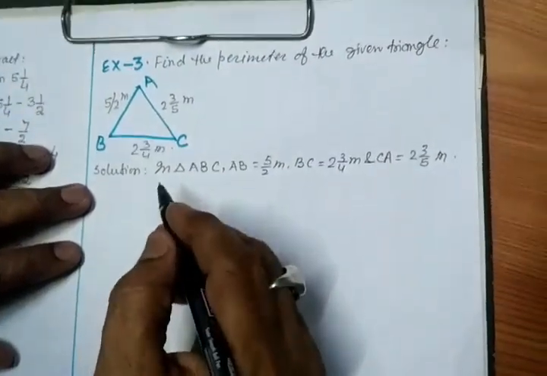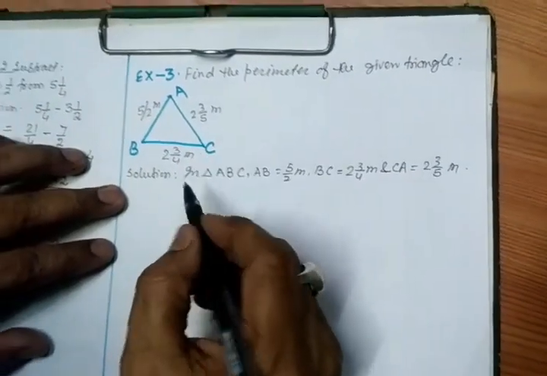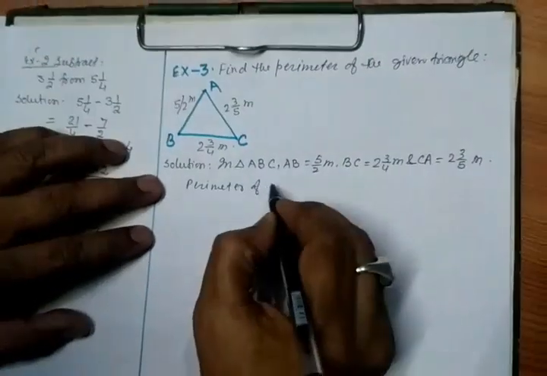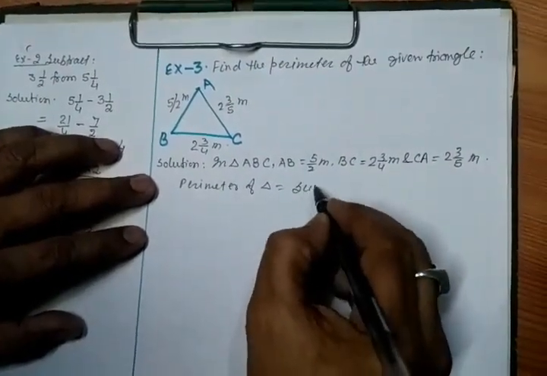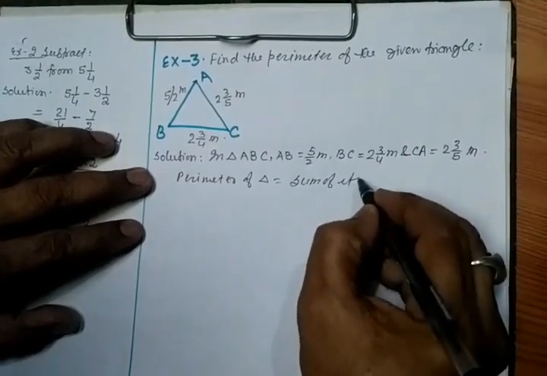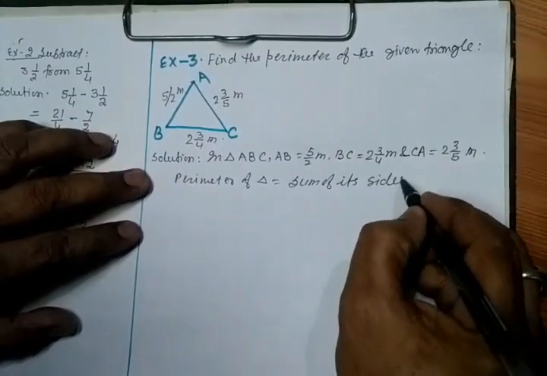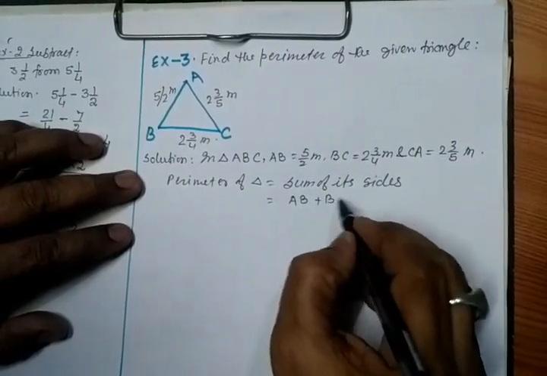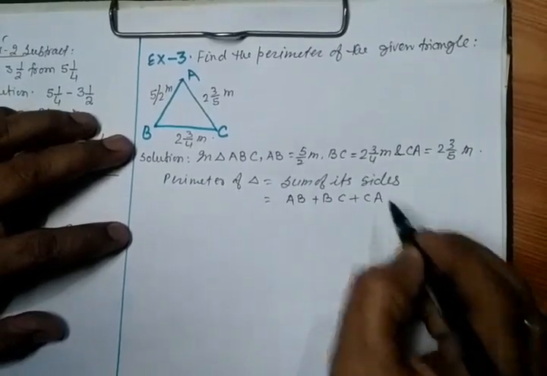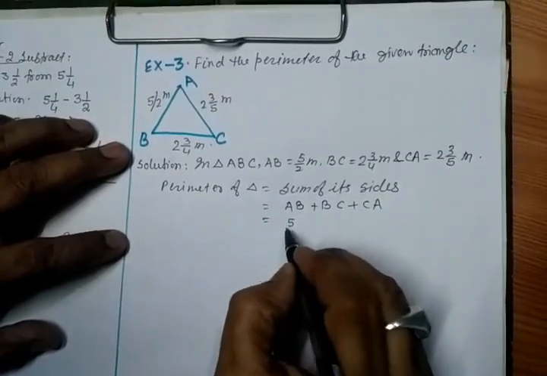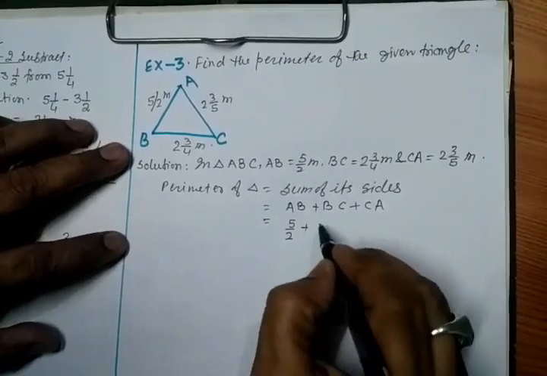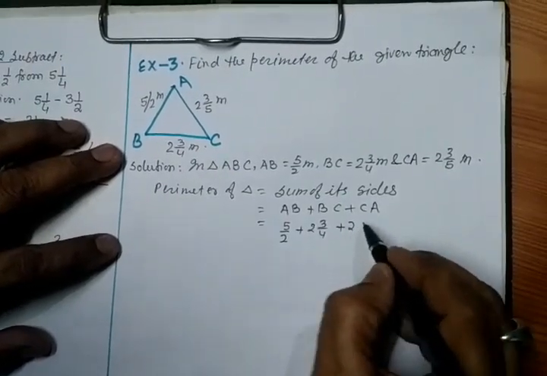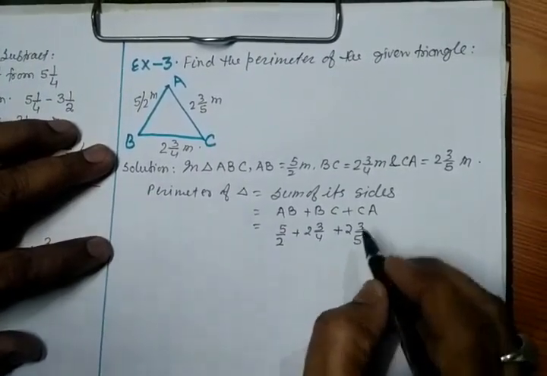We know that the perimeter of a triangle is equal to the sum of its sides, equal to AB plus BC plus CA, equal to 5 upon 2 plus 2 whole 3 upon 4 plus 2 whole 3 upon 5.